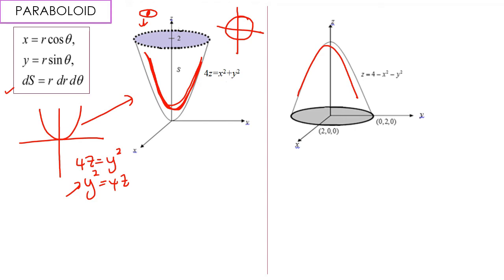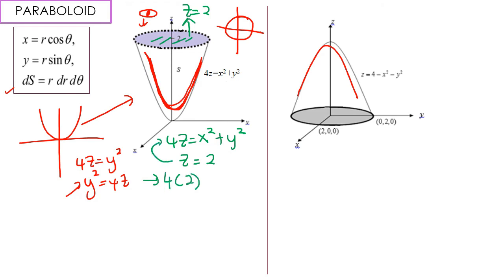Now, how to determine the radius for both paraboloids? Let me talk about the first one. We have 4z equal to x squared plus y squared, and also the equation z equal to 2. So this paraboloid is located below z equal to 2. To determine the radius, you substitute z into this equation.